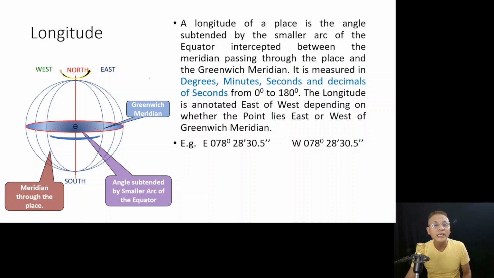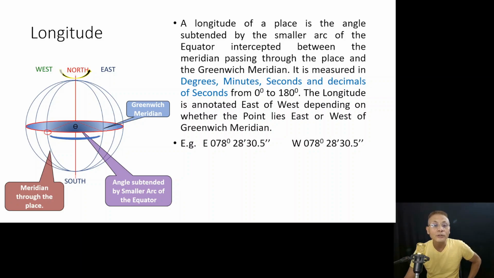Now if we consider this particular diagram, the circle which is drawn here in red color is the equator, and if we choose a point here, the one which I'm encircling with the red, this particular meridian is the meridian passing through that place.